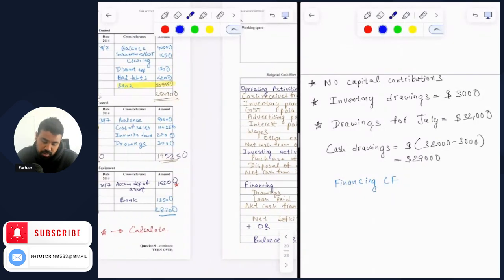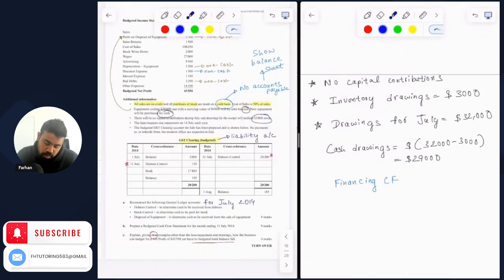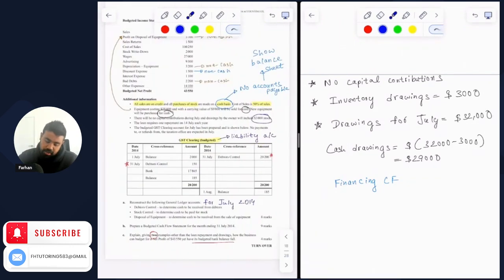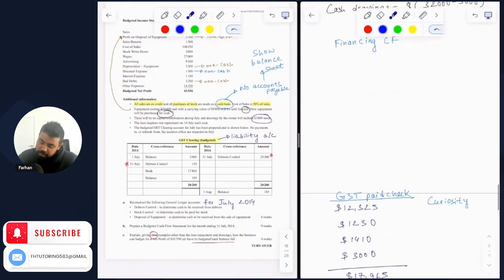When you check the balance sheet, you will see that within the current liabilities section, you're given cash at bank again as an overdraft for the month ending 31 July 2014, and that's $8,995. Right? Okay. So I think that's all for part A and part B.